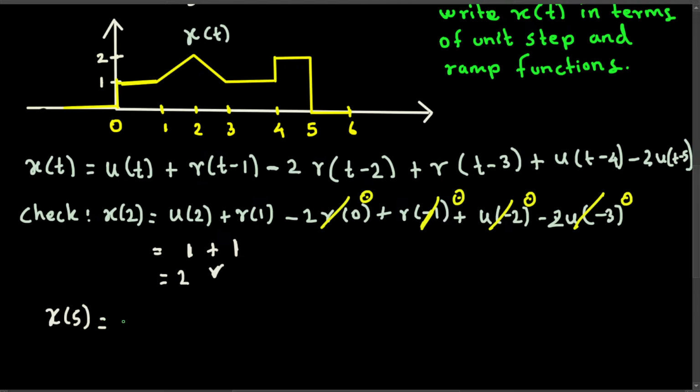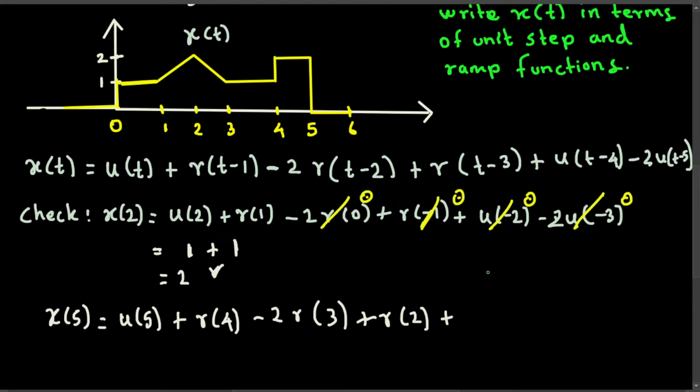First we are going to have u of 5, we are plugging in the time value 5, so u of 5, and then 5 minus 1, that's r of 4, and then minus 2 r of 5 minus 2, that is 3, and then plus r of 5 minus 3, that is 2, and then plus r of 5 minus 4, that is 1, and then minus 2u of 5 minus 5, that's u of 0 right here.